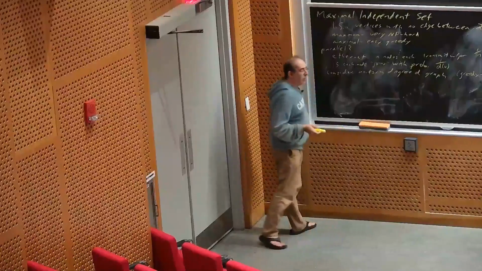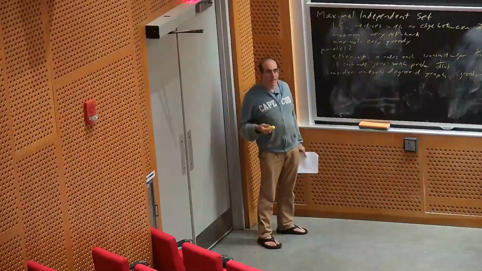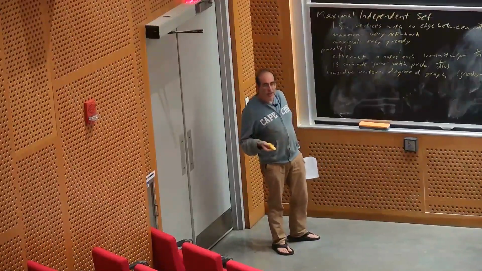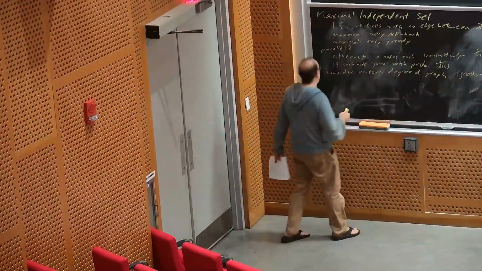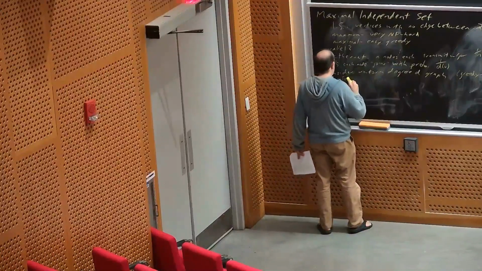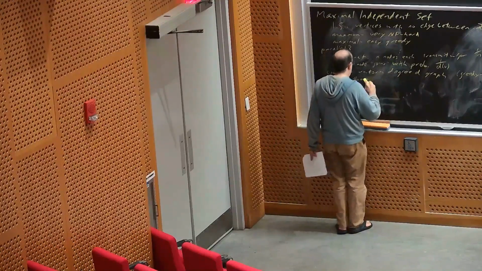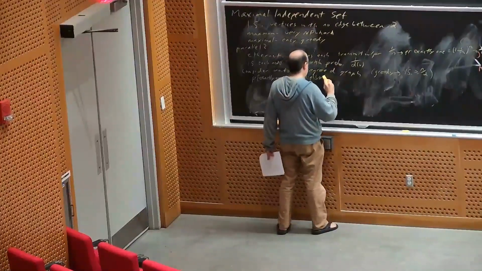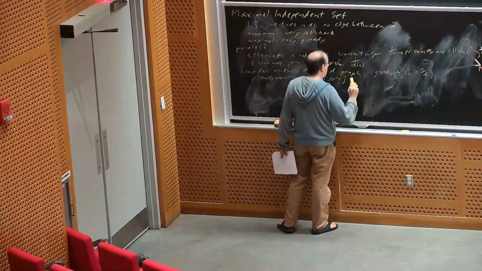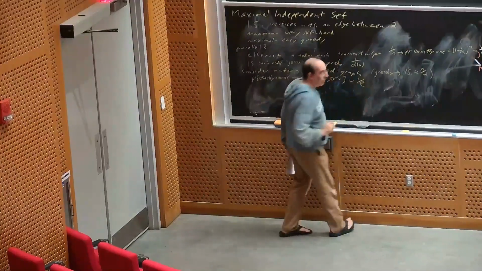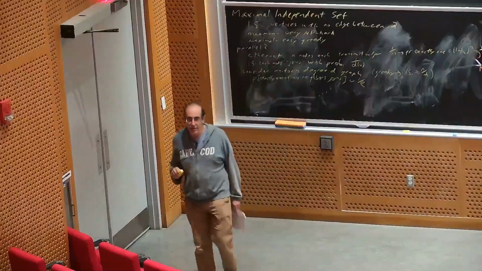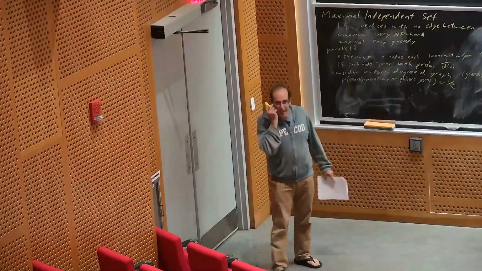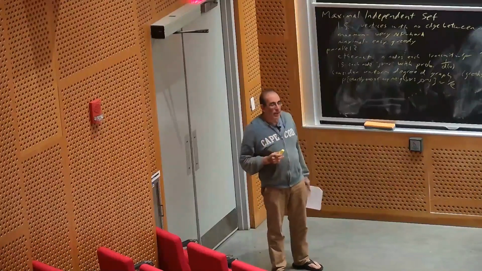Okay, so in this context, every vertex decides to try to join the independent set with probability 1 over d, right? Then the probability that exactly one of my neighbors joins is also about 1 over e, right? Just like in the Ethernet setting. But that's not exactly what I want, right?